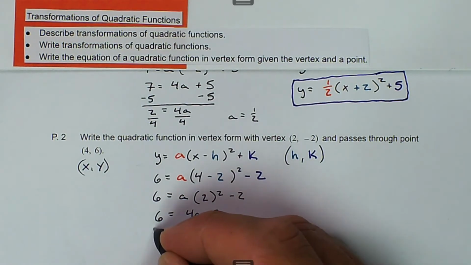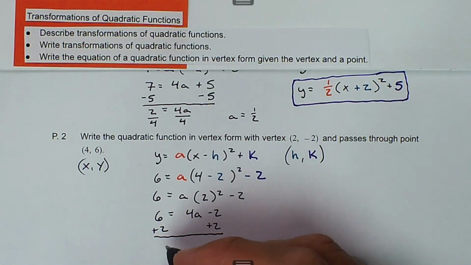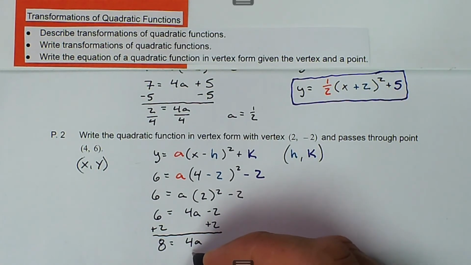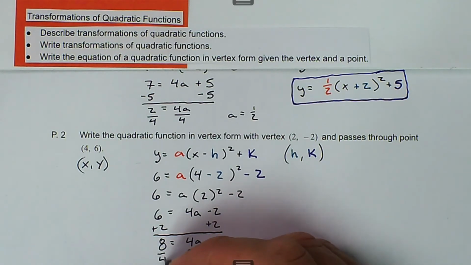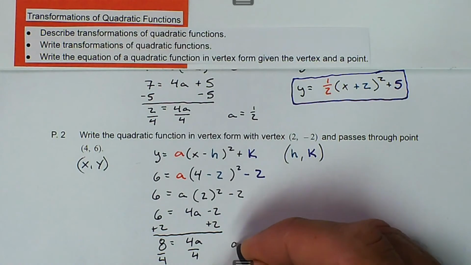So we can add 2 to both sides. And then we get 8 is equal to 4a, and divide by 4. So then we get a is equal to 2.